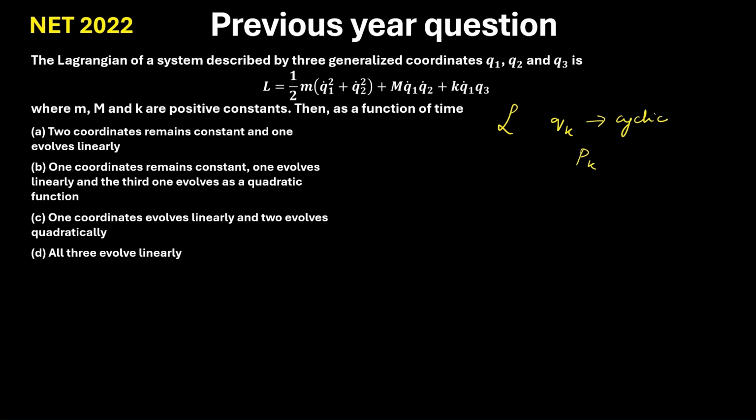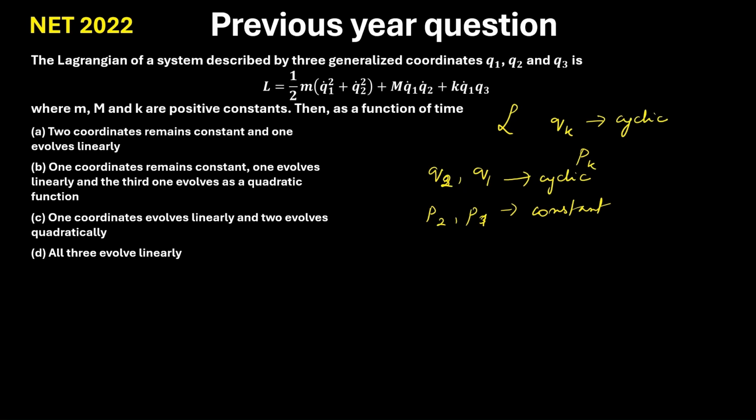So from this Lagrangian, we can say that Q2 and Q1 are cyclic. So I can say P2 and P1 will be constants of motion. So what is P1?